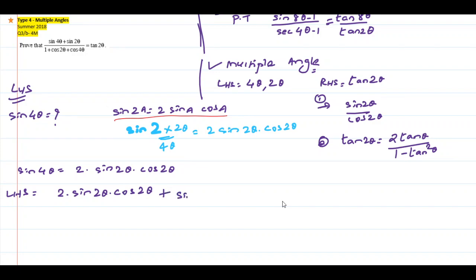I'm going to write it as it is, no change for now, divided by, I'm going to apply 1 cos 2 theta, and I also have cos 4 theta here, so I need to write the formula for that also. I missed it earlier, sorry about that.